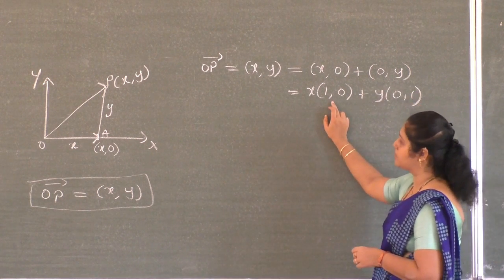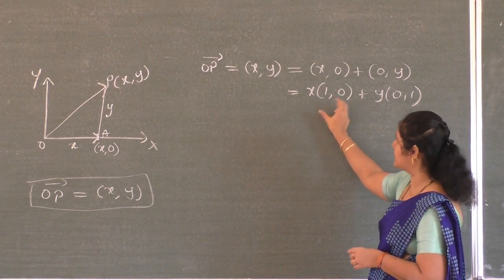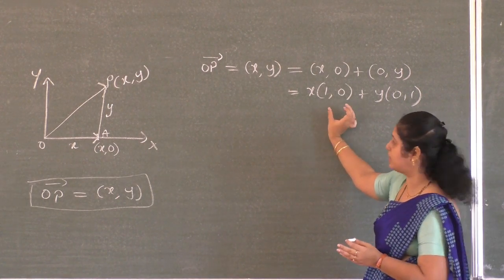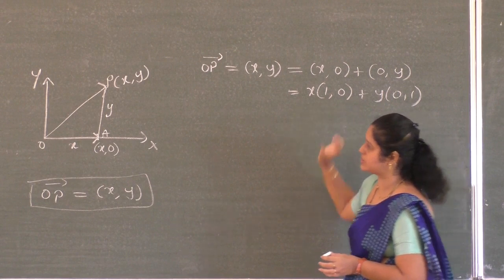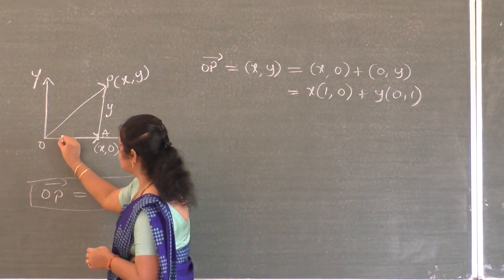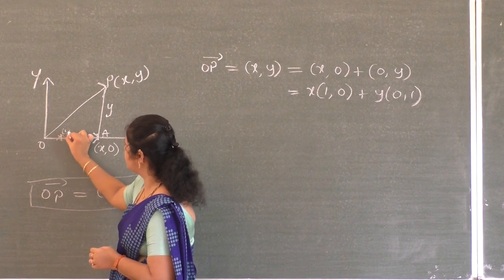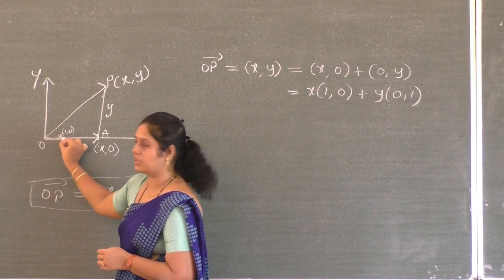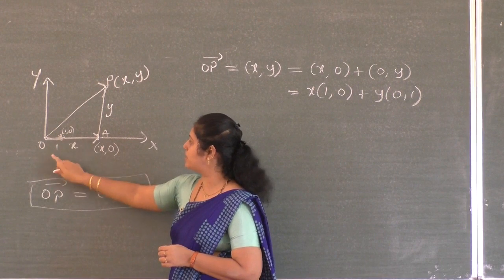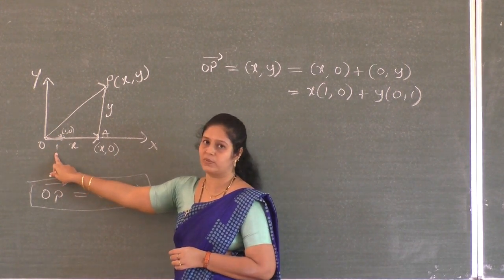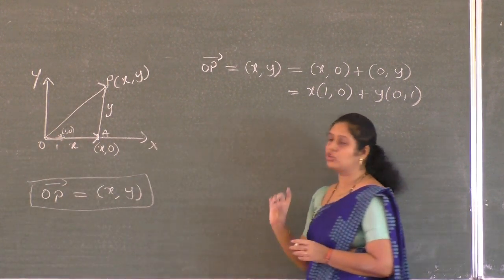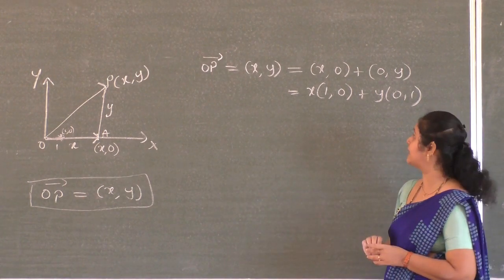Now what is this 1 comma 0? As a vector also we can consider 1 comma 0. It is a unit vector. If you consider it as a point, 1 comma 0 is a unit vector because the distance is 1 unit. So we particularly call that unit vector i cap.